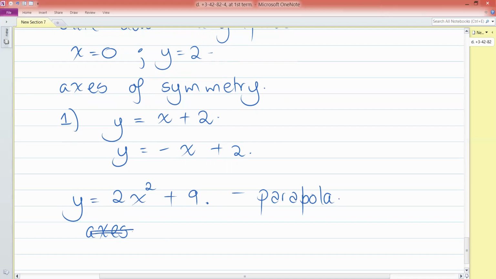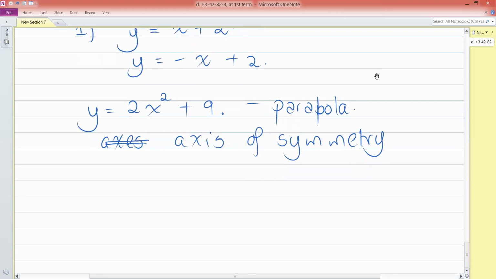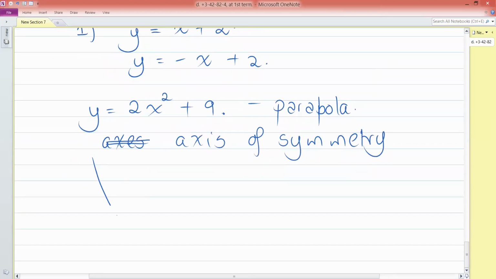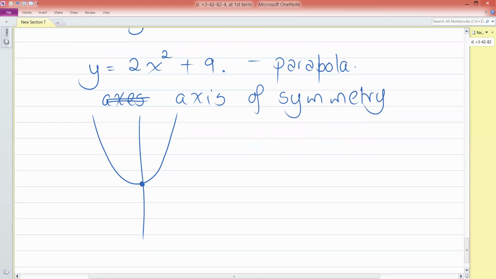For this one, it's not going to have 2. It's going to have 1 axis of symmetry: x is equal to 0. Brilliant. Why? Because this one looks like that. It's shifted 9 units up and it's symmetrical about the line x equals 0.